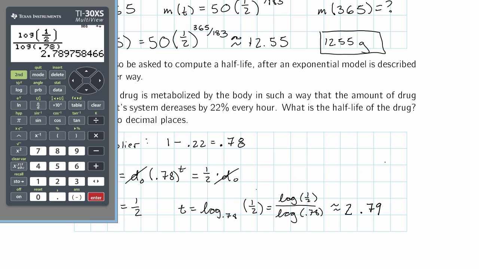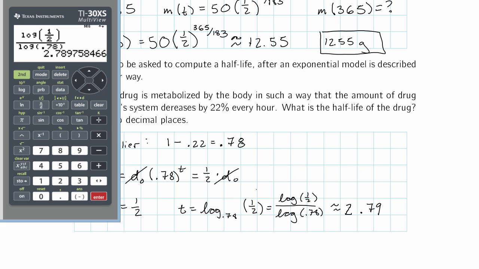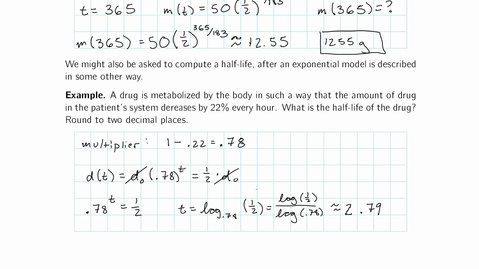Okay, to give our answer, we need to figure out what the units are. We're losing 22% every hour. We just found a time. Our time is measured in hours. So the half-life is 2.79 hours.